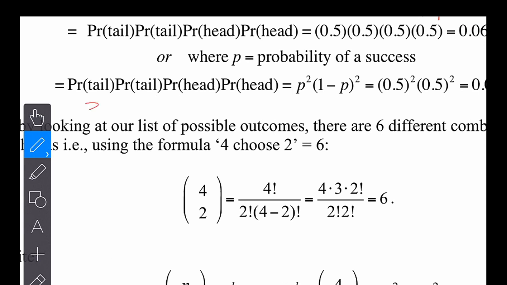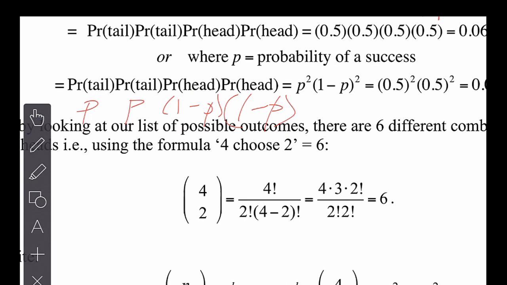This one's a little p. This one is also a little p, but this one is represented by 1 minus p, as well as this one is represented by 1 minus p. So these two are p squared, and these two are (1 minus p) squared. So that's where that comes from in the formula.